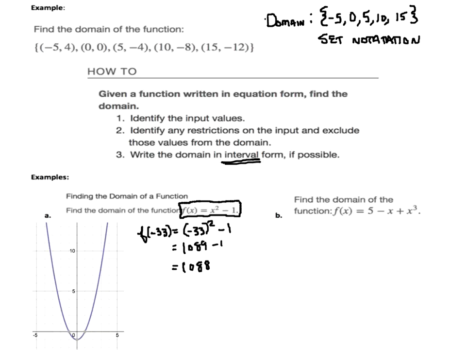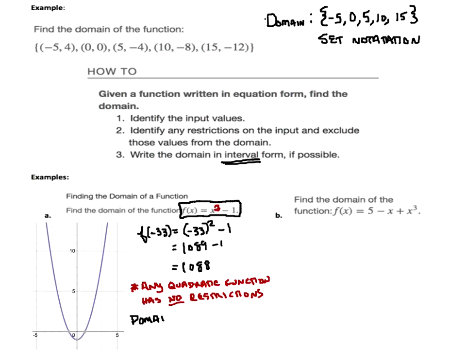And in this case, since this is a quadratic function because it is squared, any quadratic function has no restrictions on the domain. In other words, I can choose anything my little heart desires as long as it's a real number to plug in, and I will receive a real number output from that.